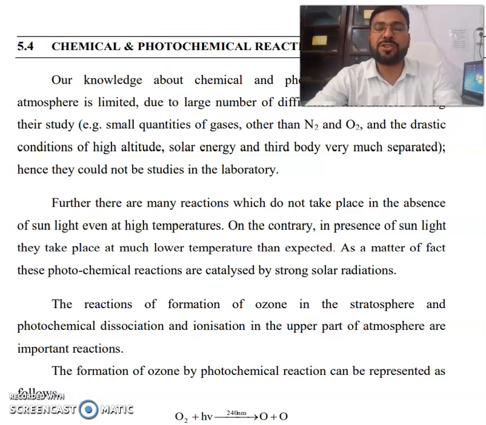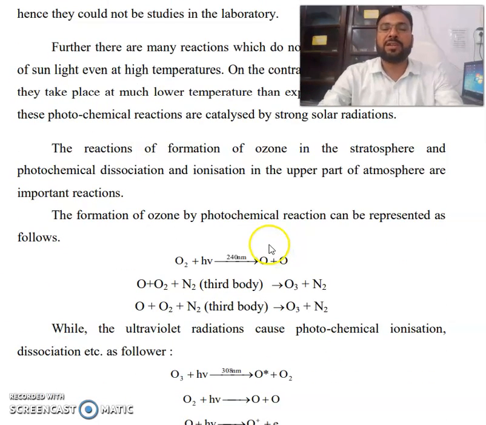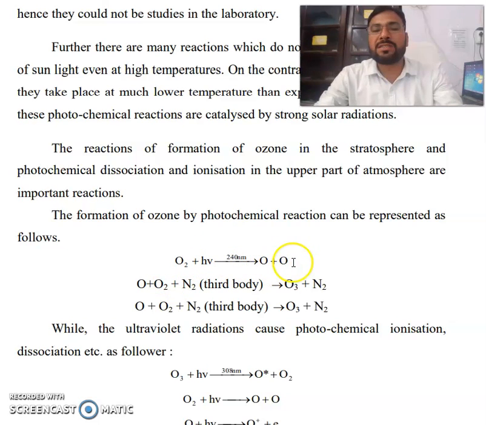My friend, the formation of ozone by photochemical reaction can be represented as follows. You can see O2, after getting light, is separated; the double bond of O2 breaks, and then the third body reactions follow.